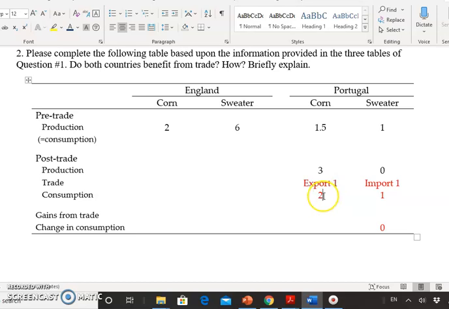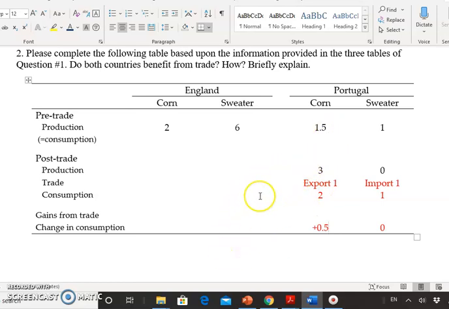Without trade, they only have 1.5 corn to consume. So the change in consumption is positive 0.5. In other words, because of the trade, Portugal is better off because they got half a corn more than what they had without trade.